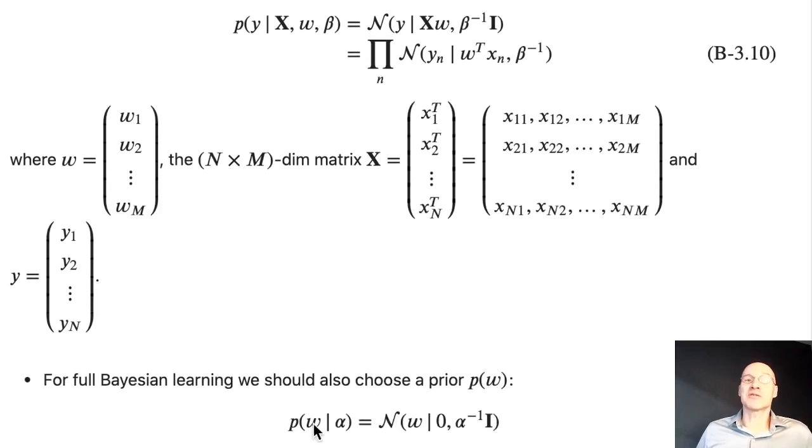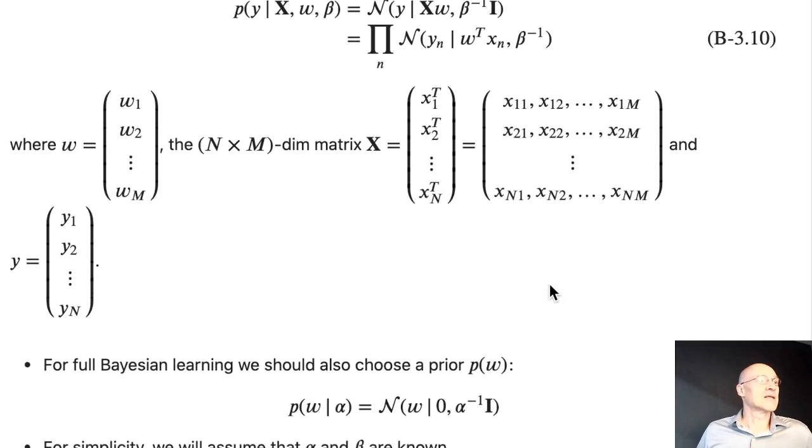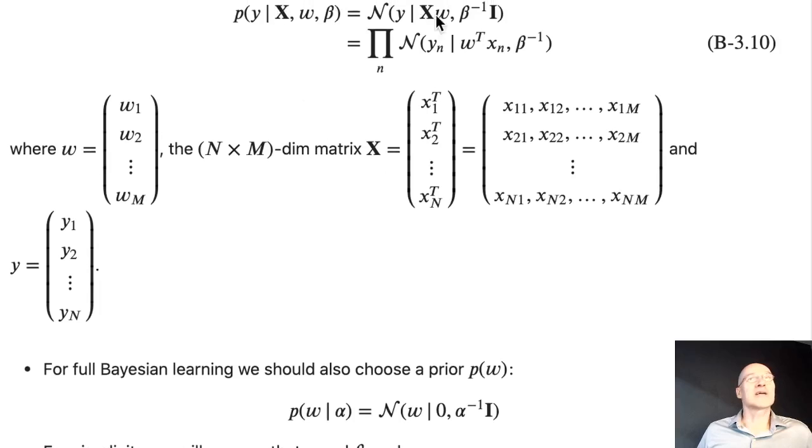So let's choose a Gaussian prior for W. So now I have here a likelihood function. This is a likelihood function for W because we assume beta is given and X and Y have been observed. It's our training set.